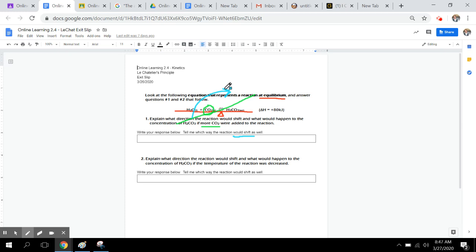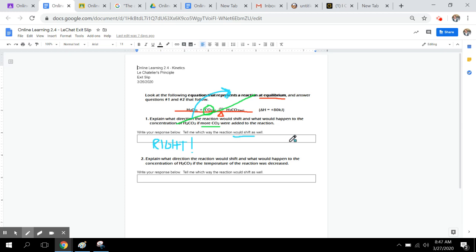So the first part is, which way will the reaction shift? The reaction will shift to the right. That's the first thing you should have said. As I scrolled through, I saw every combination of answers in your exit slips, but the reaction is going to shift to the right.